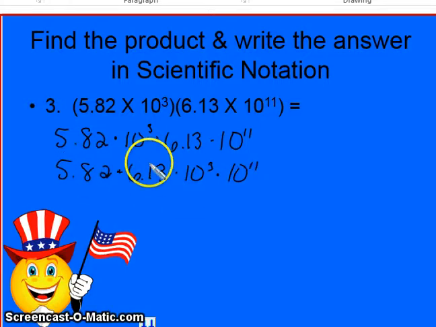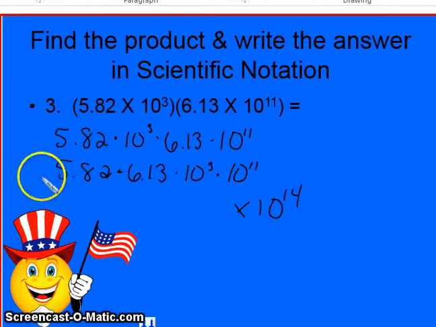Now, I'm going to need to multiply the 5.82 and the 6.13, but check out this on the right here. I have 10 to the third times 10 to the 11th. Now, those have the same base, and when I'm multiplying two numbers with the same base, I can add their exponents. So I know that the left part of my answer here is going to be times 10 to the 3 plus 11, or the 14th.